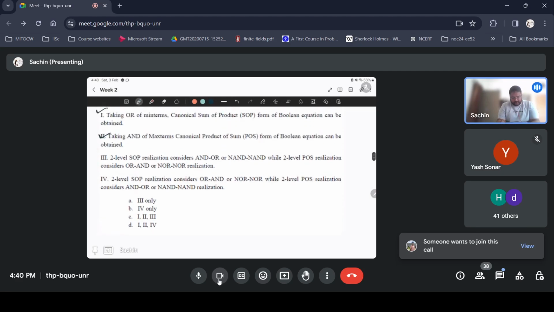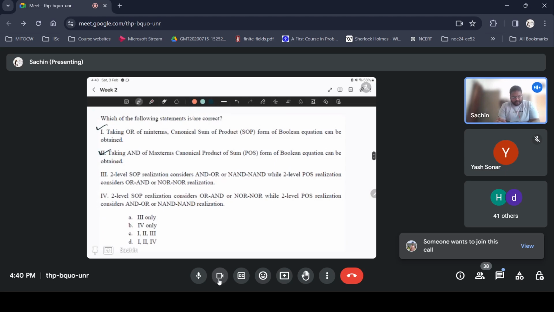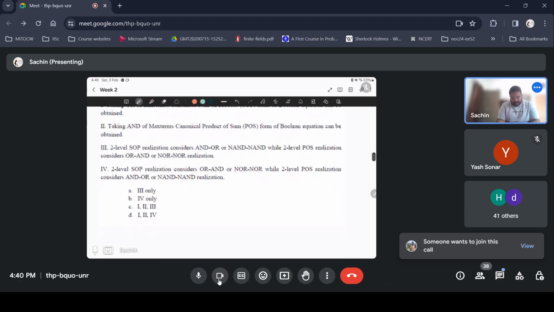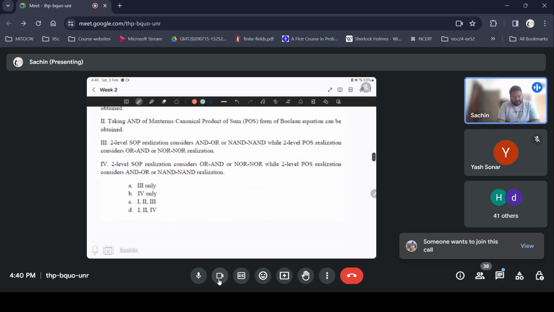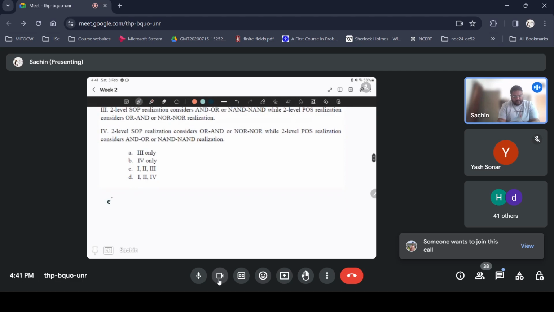All these things were taught in class, so I won't be teaching them again. You can go back and check in the lecture notes. So 1, 2, and 3 are correct. 3 and 4 are just a variation. They are switched OR and NOR with SOP and POS. So among 3 and 4, only one can be correct, and it is 3. So 1 to 3 are correct. Therefore, option C is the right answer.